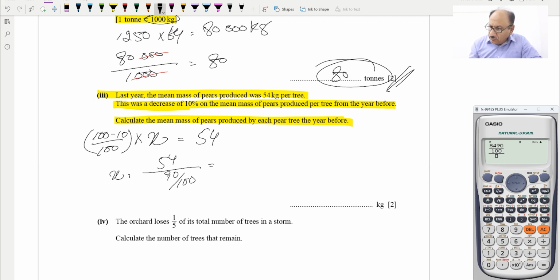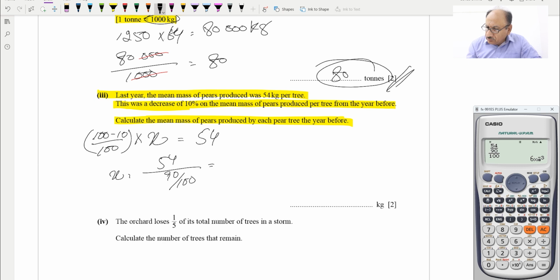Wait. So this one I will have to rectify. This will be 90 over 100.